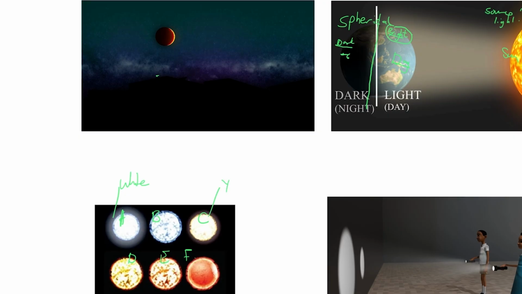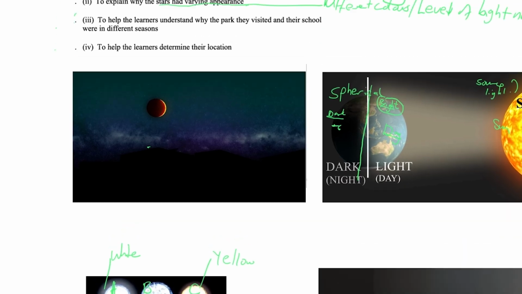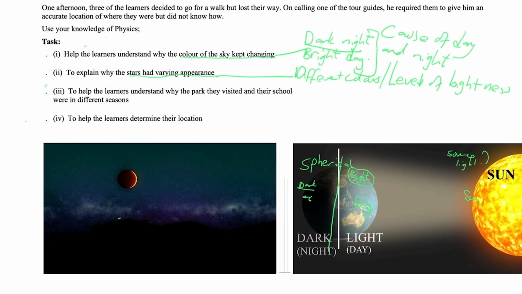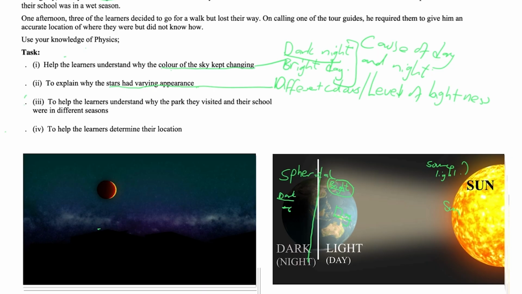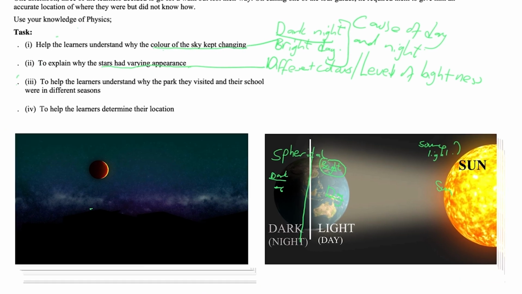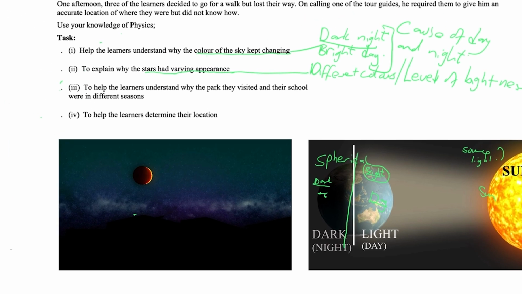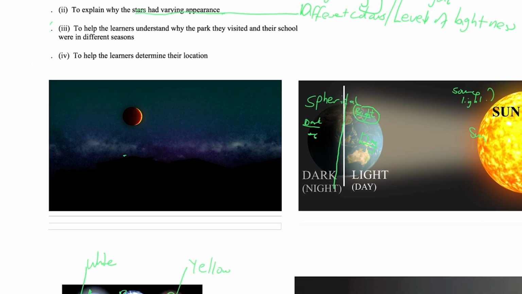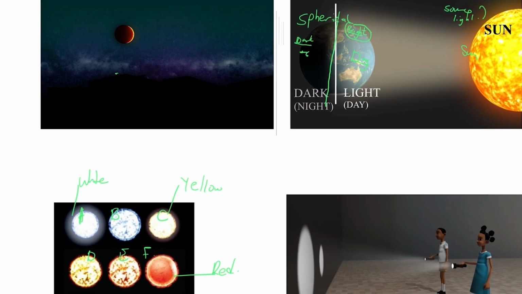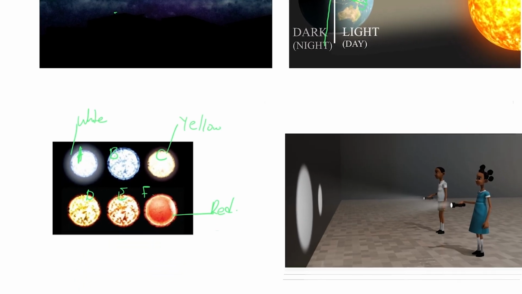Some stars are white, other stars are yellow, other stars are red. Secondly, stars give off light at different levels. So that is how we want to explain this. Why do these stars have variations in terms of color and brightness?